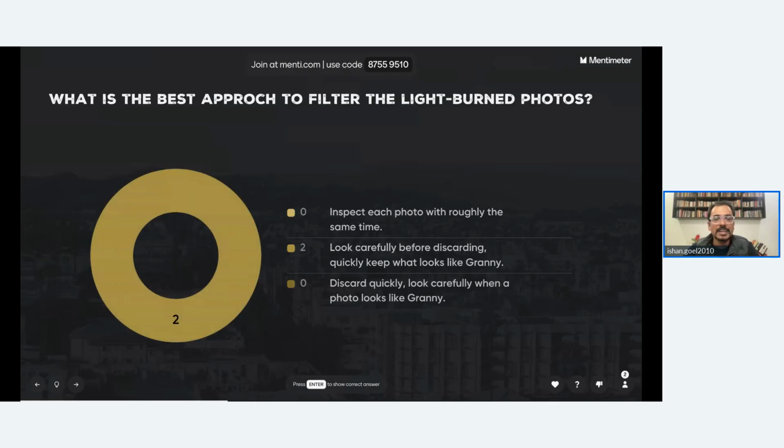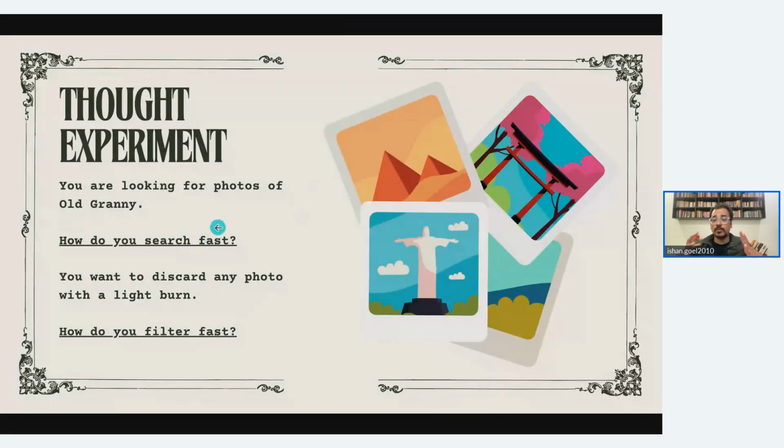I understand. Now the idea that I want to highlight here is that in the first case, when you are looking for the photos of old granny, when you want to select something, you want to discard fast and you want to observe carefully. But when you are discarding anything that is bad and you have a higher tolerance for whatever is good, then you want to filter out fast.